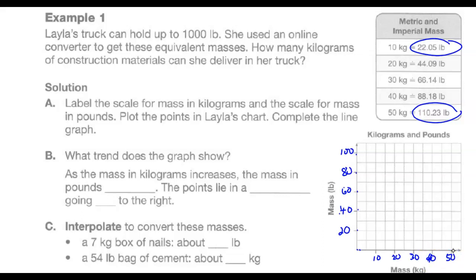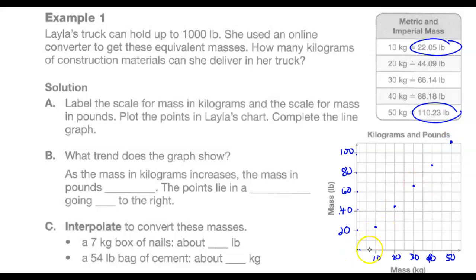Okay, complete the line graph. So for 10, it's 22, so about there. 20, it's 44.09. 30, it's 66. 40, it's 88. 50, it's 110.